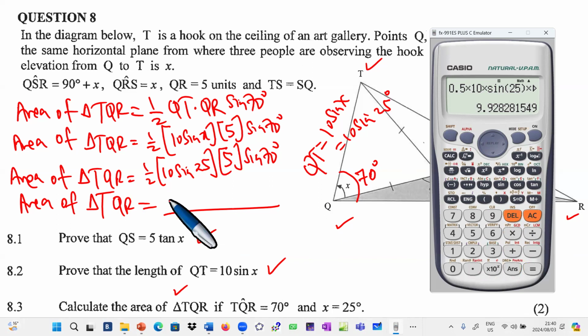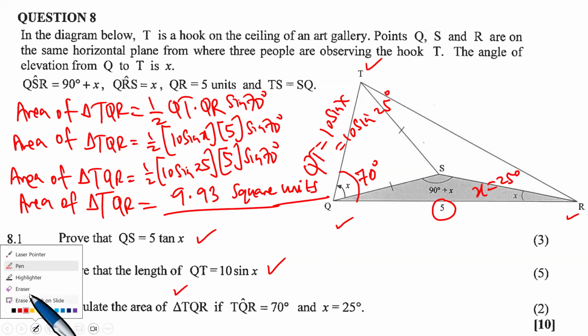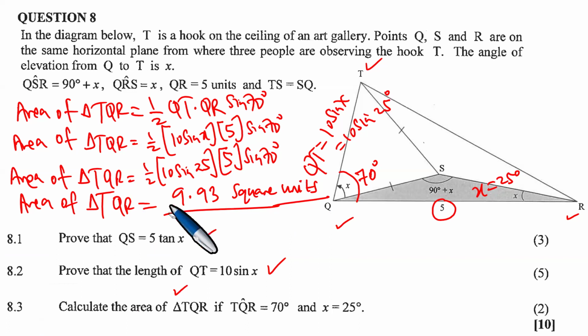So that we have 9.93 square units. So the area of triangle TQR is actually that one.